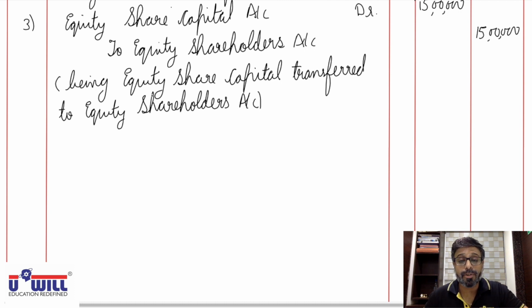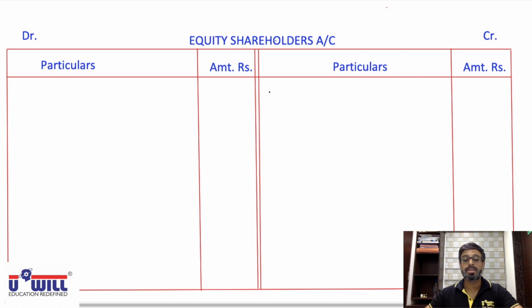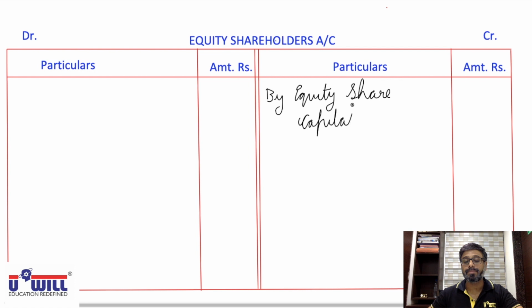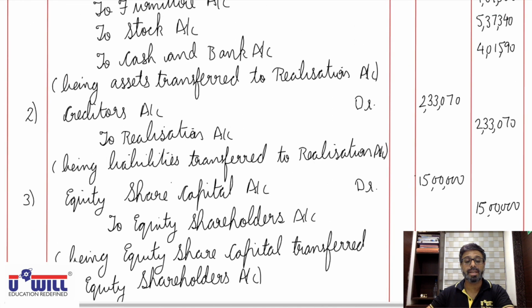Now, first 6 entries, how many effects? Single effect. To equity shareholders, so equity shareholders on credit side, by equity share capital account 15 lakhs. Okay, so third entry is also passed, closing of equity share capital.